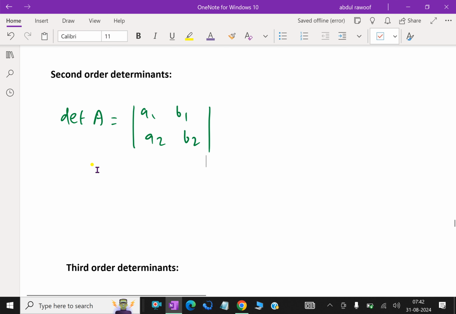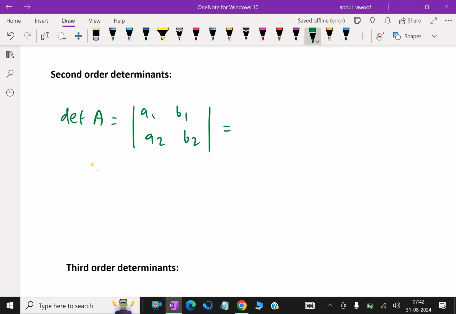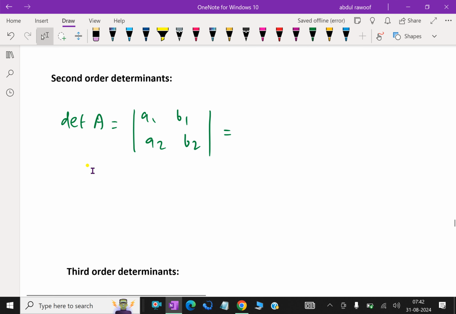So its value is A1 B2, you have to put minus, and A2 B1. That means this arrow mark like this and here. This is an example for the determinant of second order.